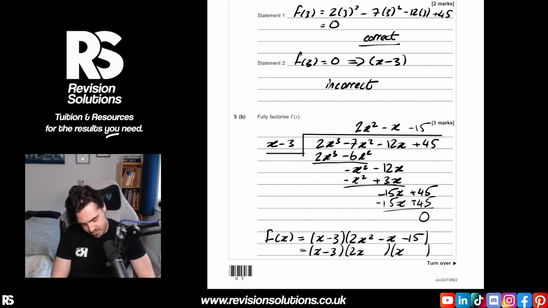And then how can we solve that? So factors of 15 could be 3 and 5. Would those work? Yeah, so if I put minus 3 here, that would give me minus 6 lots of x. If I put a plus 5 there, that would bring me back up to minus x. So that would be the full factorization of f of x.